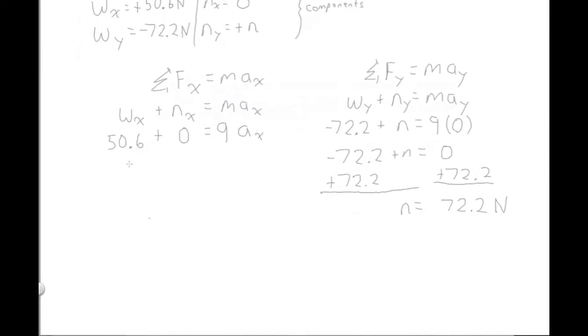So it's easy to simplify this equation. The left-hand side simplifies to 50.6 equals 9 a sub x. That equation is easy to solve. We just divide both sides by 9 to get the a sub x by itself.